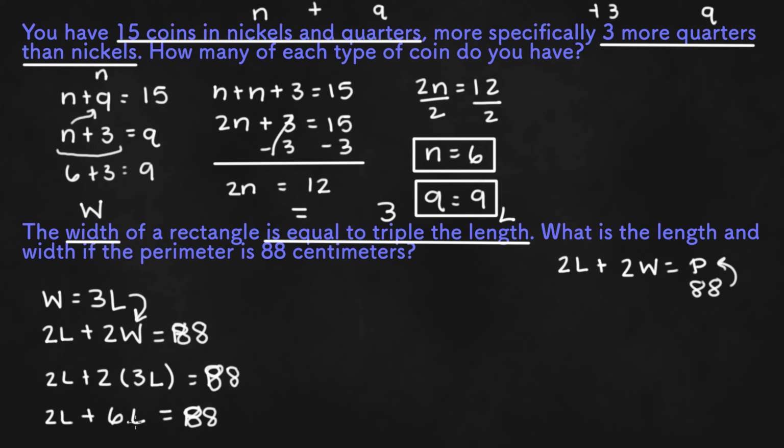So 2L plus 6L is 8L, and 8L equals 88. So you can divide both sides by 8 to get L equals 88 divided by 8, or 11.